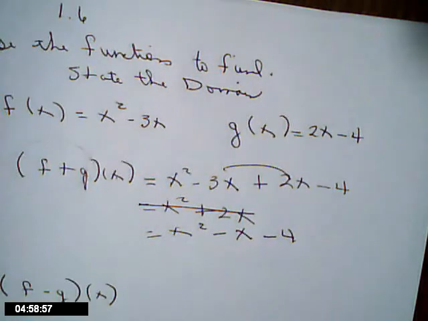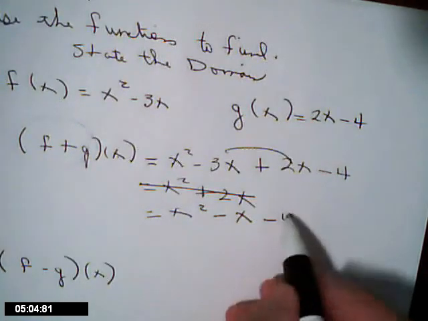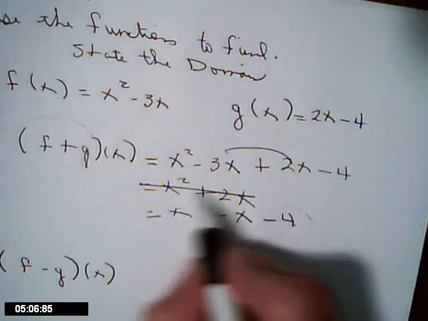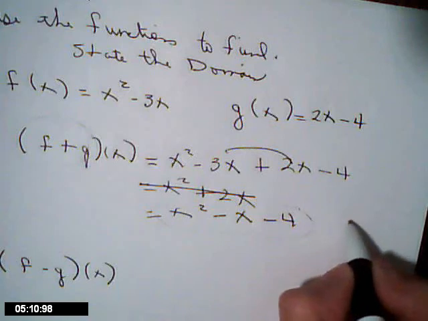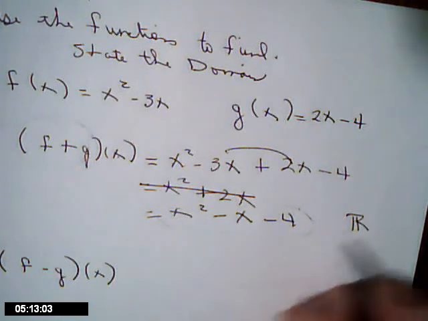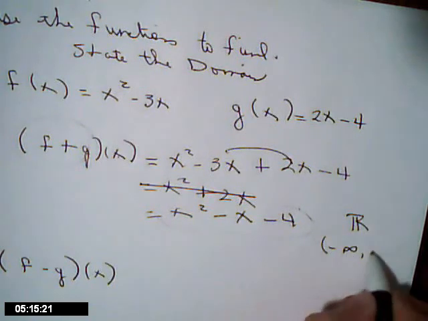And that's going to be our final answer for that one. Now when it says to state the domain, if you look at this expression, and remember 1.1, there are no fractions, there are no square roots, so the domain is all real numbers or negative infinity to positive infinity.